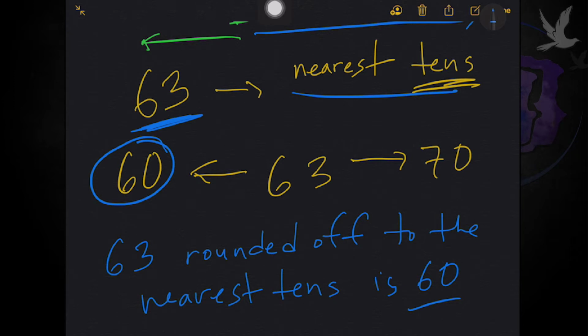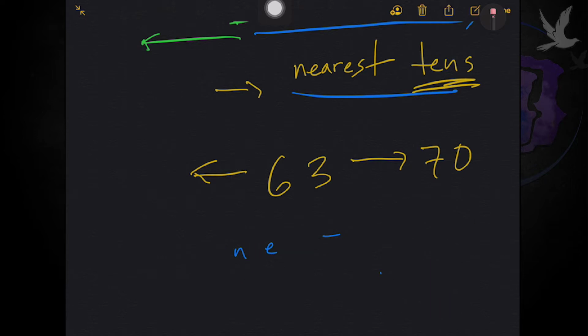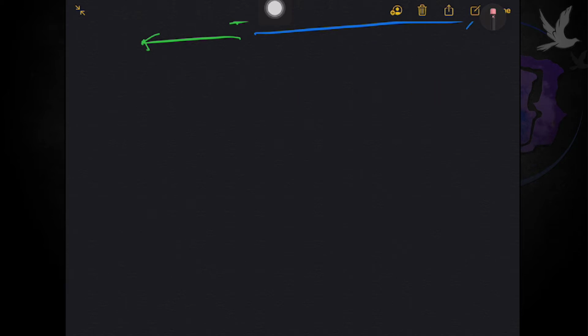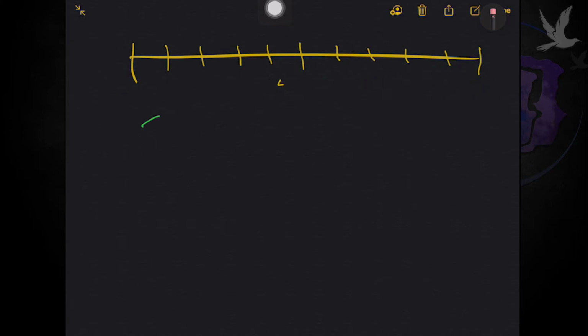Okay, let's try another one. I'll just remove these things here, what we wrote earlier, except for the number graph. And the numbers as well. Actually, we'll remove the numbers. Okay.